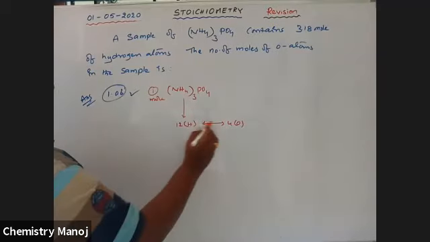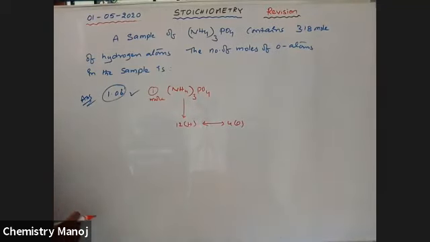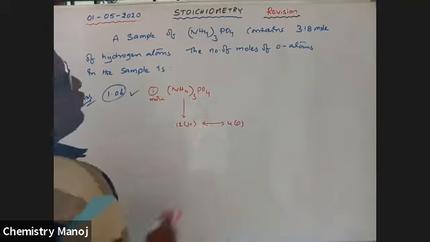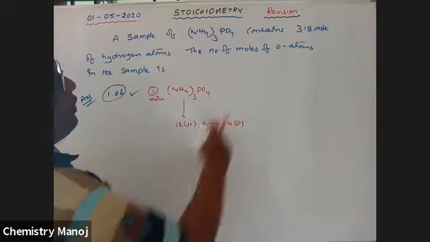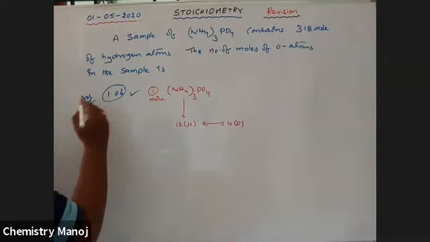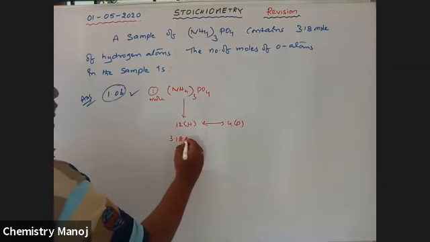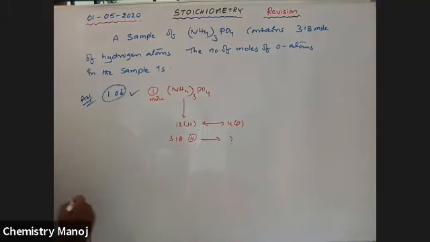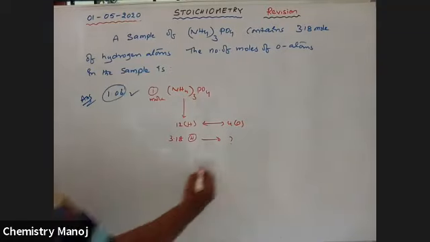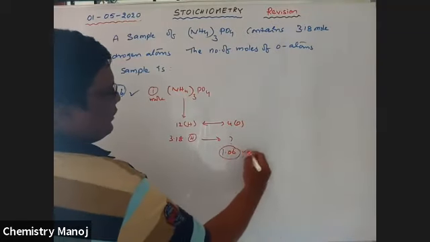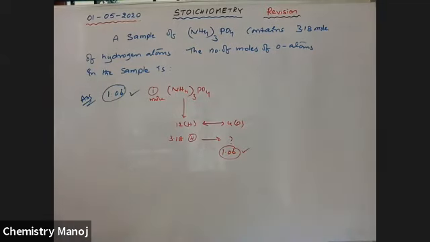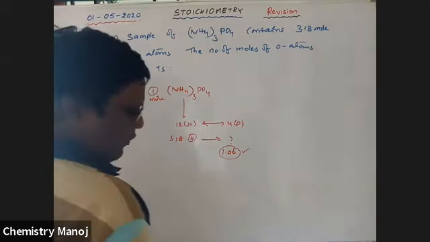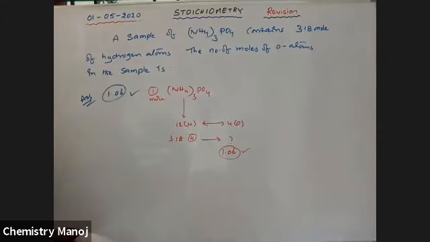This is the availability from 1 mole. Now there is 3.18 mole of hydrogen. How many moles of oxygen? That should be 1.06. That is the number of moles of oxygen with respect to the 3.18 hydrogen atoms.